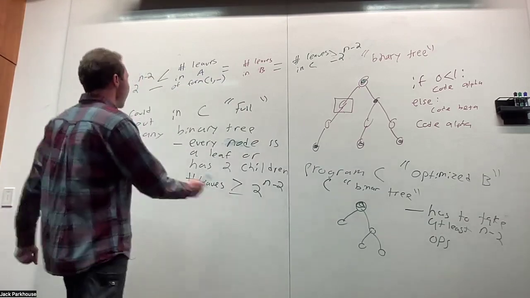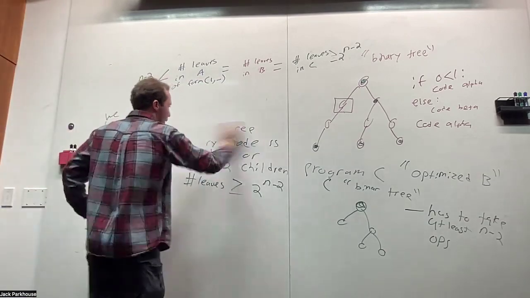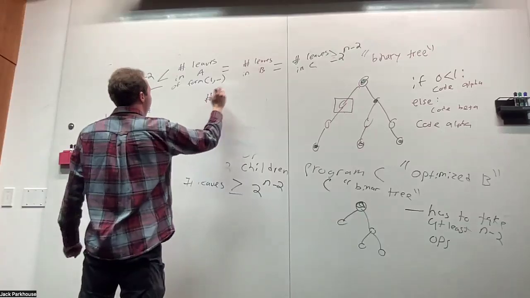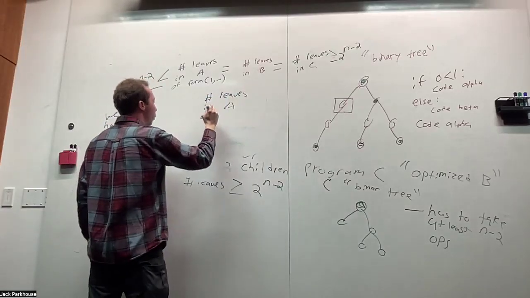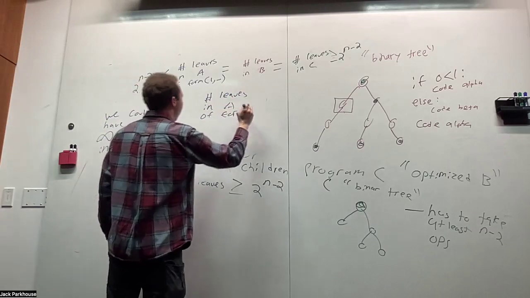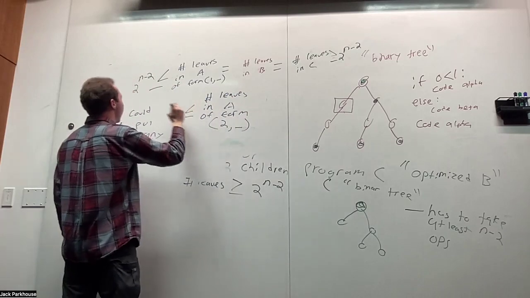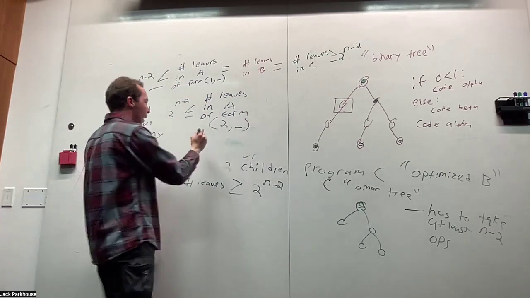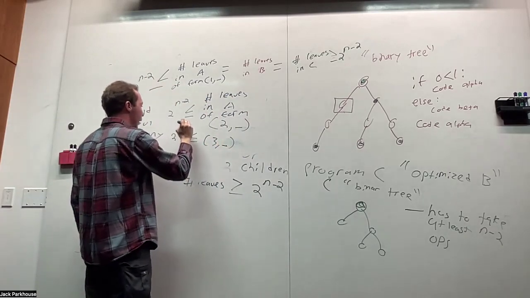And using the same logic, the number of leaves in A of form 2, blank is also greater than or equal to 2 to the n minus 2. And the number of leaves in A of form 3, blank has to be greater than or equal to 2 to the n minus 2.